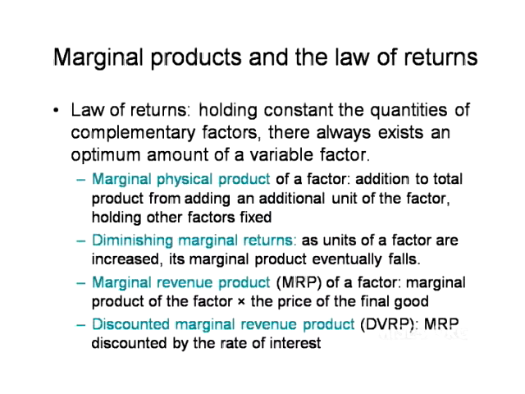The law of returns says that if we hold constant the quantities of complementary factors, there always exists an optimum amount of any variable factor. By variable factor, we mean a factor of which we can use a little bit more or a little bit less in production.